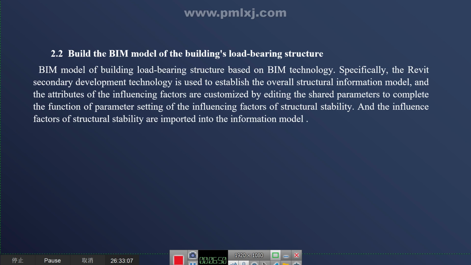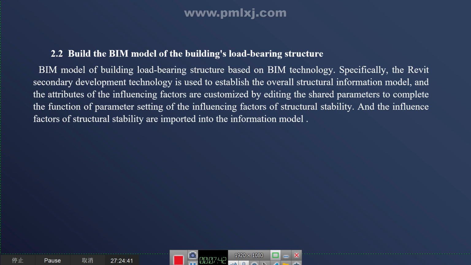Beam model of building load-bearing structure based on beam technology, specifically the Revit secondary development technology is used to establish the overall structural information model, and the attributes of the influencing factors are customized by editing the shared parameters to complete the function of parameters setting of the influencing factors of structural stability.